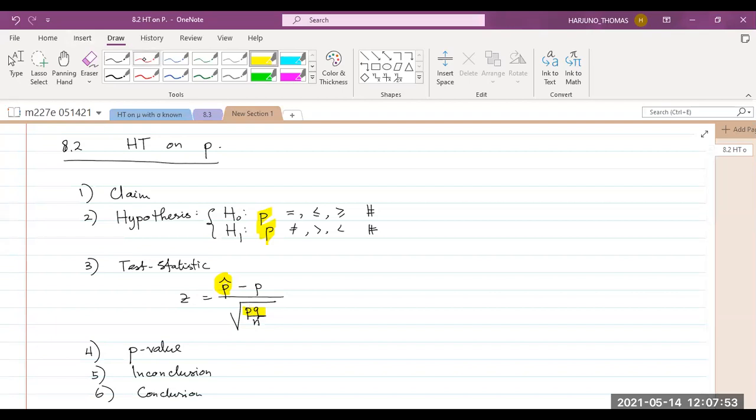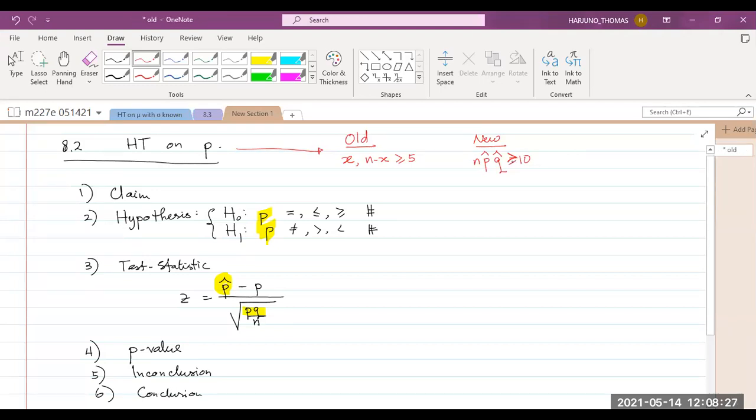Now under what situation are we allowed to use this modeling? As always, the number of successes and the number of failures are at least 5. The newer one is that the sample size times sample proportion P hat times sample proportion of failure Q hat has to be at least 10, greater than or equal to 10.